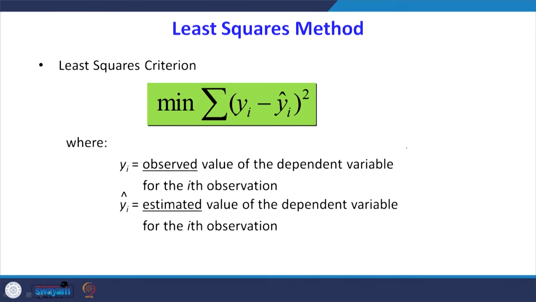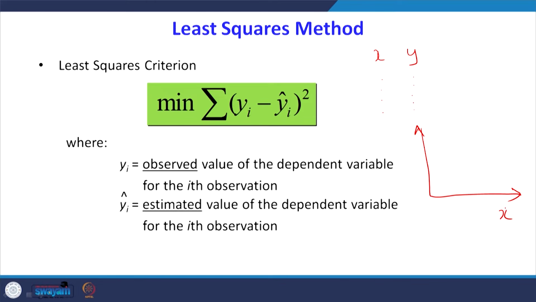The principle behind the least square method is that the sum of the square of the error has to be minimized. Suppose I have some x values and some y values.